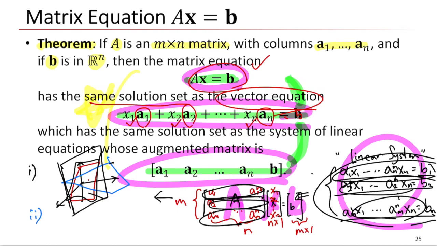Then what about this? If we think about the column vectors of the matrix A, we can find the solution using these column vectors. Let's say there is A1, A2, then A3, and there is the vector b.